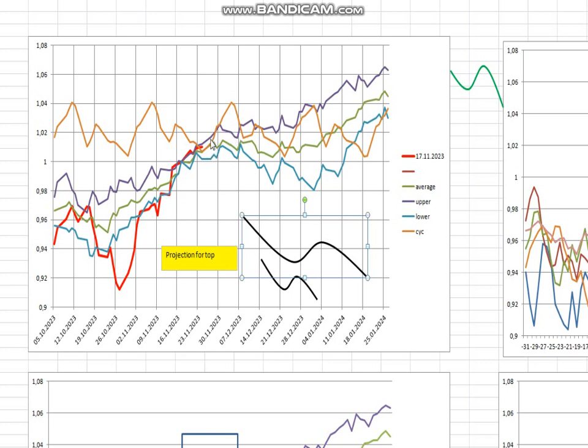This projection is given by the most common outcomes. There are sometimes analogs that could break down earlier and some that top out later. But this is the most normal outcome from this 10-week oscillation.